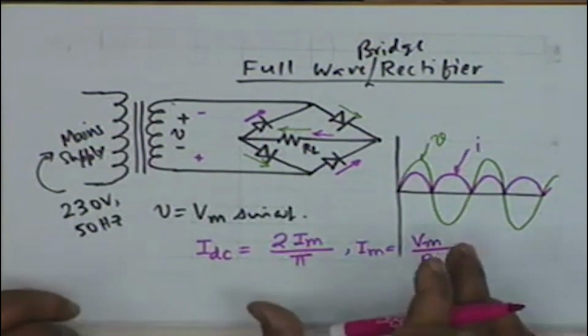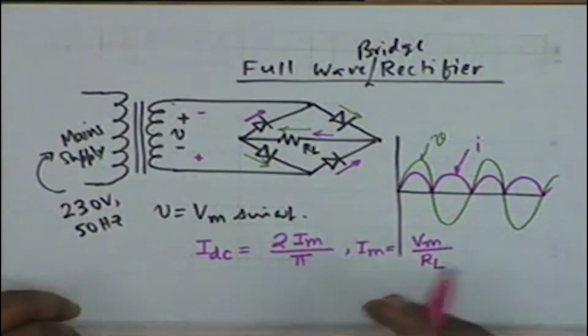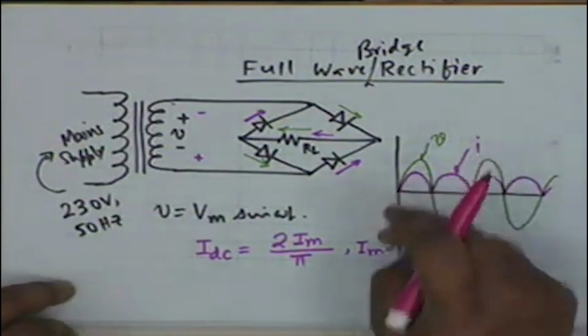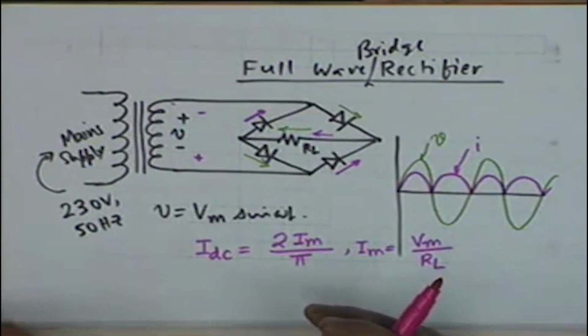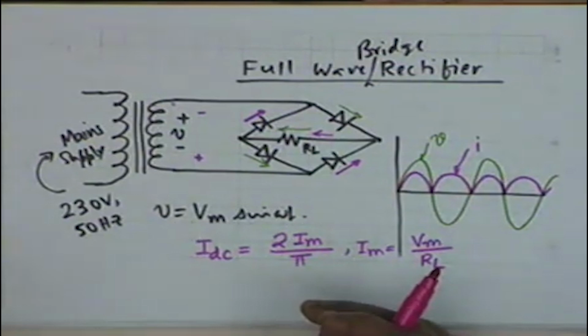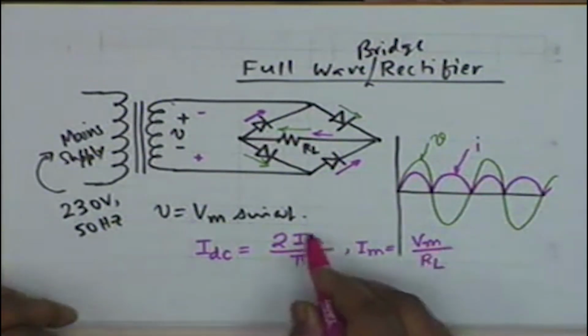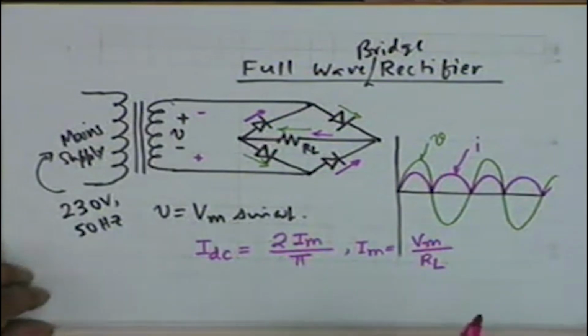All right, is this point clear? As compared to the half wave rectifier, because both halves are utilized and they are identical in area, the area under the curve is simply twice the previous area, and therefore the DC value or the average value becomes twice the previous value, twice Im by pi.